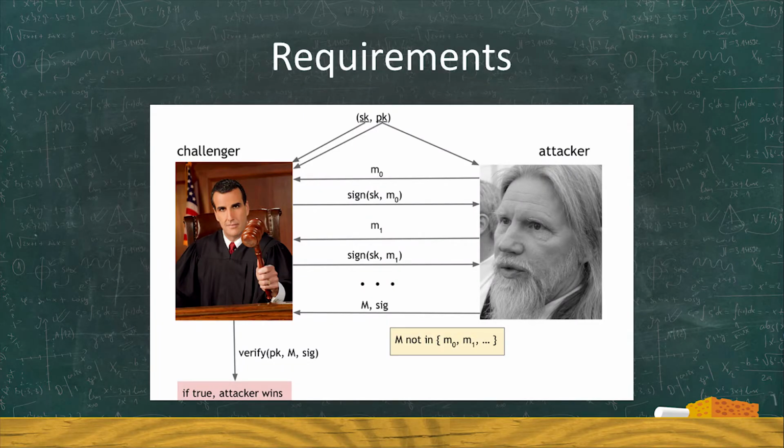There are 2 raised to 256 possible values, and it's impossible to go through all of them. And in fact, we're going to make the assumption that the hacker is listening to you as you're signing more and more documents. The hacker is probably listening to you over a period of time, so he can look at all your Bitcoin transactions in the past and all the documents that you signed in the past. Even then, he's not able to forge your signature. That's the assumption here.